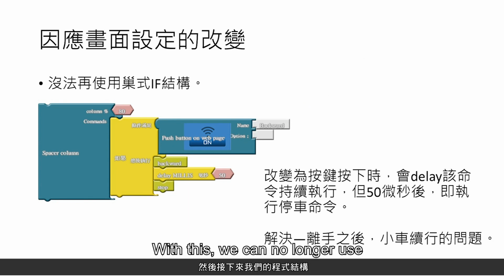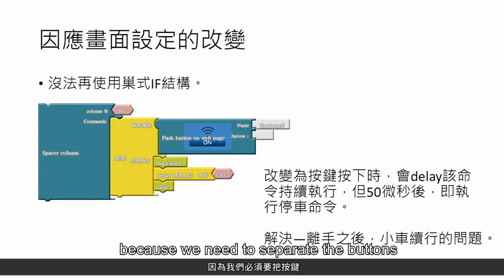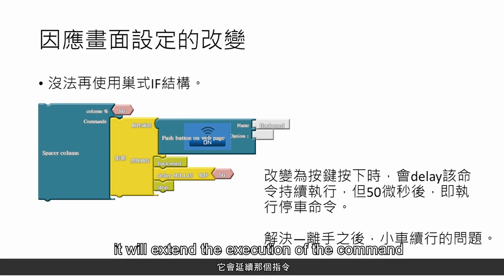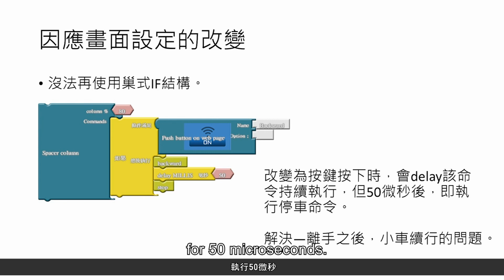With this, we can no longer use nested loops in our program structure because we need to separate the buttons individually. Due to this modification, the writing of our program must also be changed. This is the way we do it. When the button is pressed, it will extend the execution of the command for 50 microseconds.